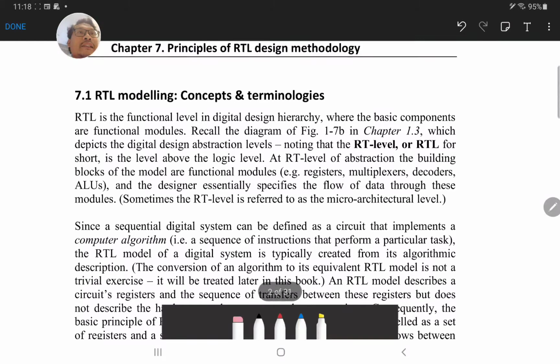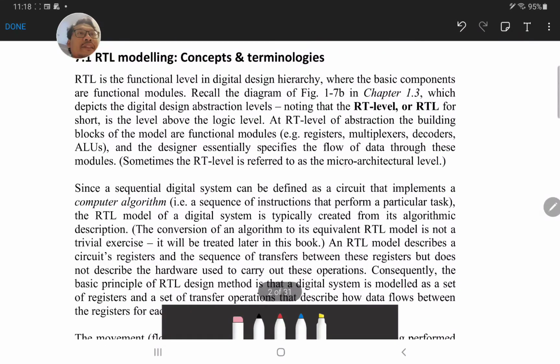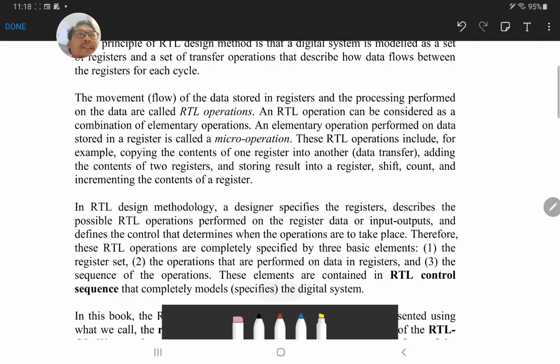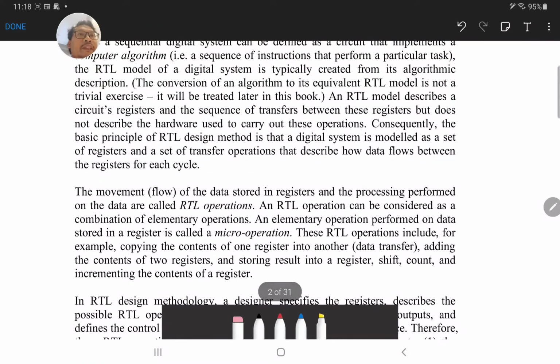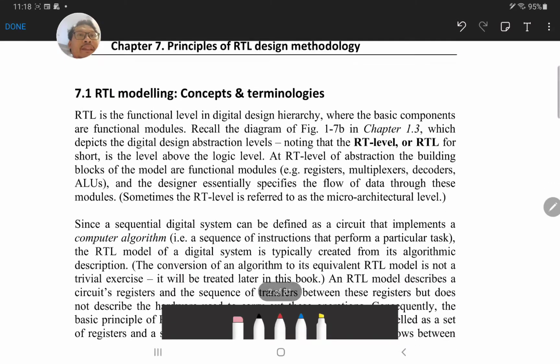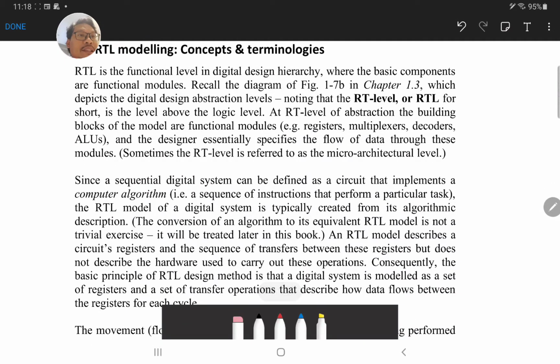RTL Concepts and Terminologies. You can read this by yourself, but it's a very important concept that we need to understand. What does RTL stand for? RTL stands for Register Transfer Level. RTL is basically the function level in the digital design hierarchy.